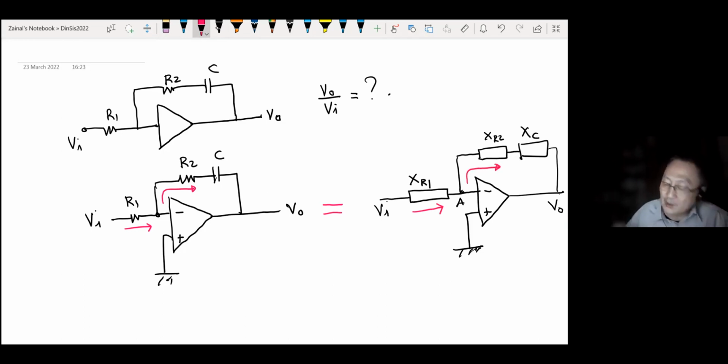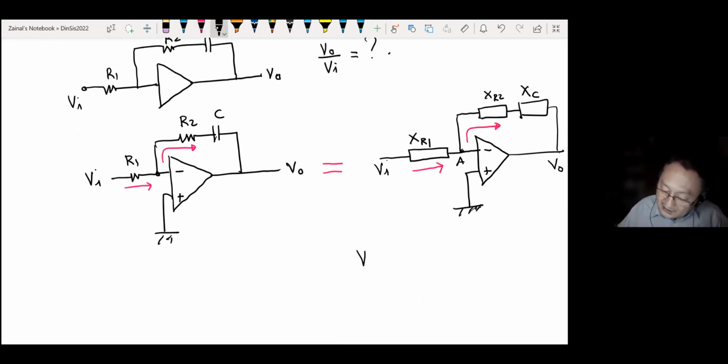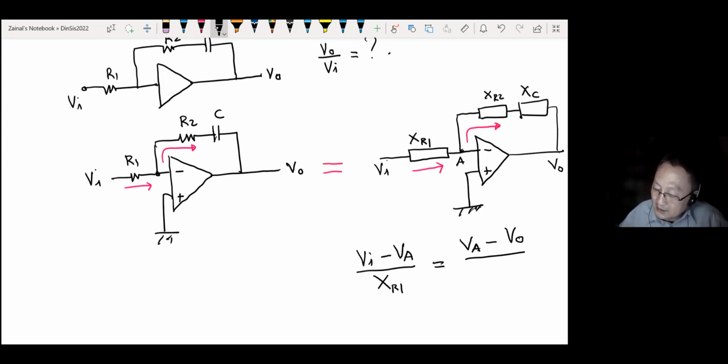Virtual ground. So VI minus VA divided by X resistance 1 is equal to VA minus VO divided by the total of these resistances, X total. But this one is 0.